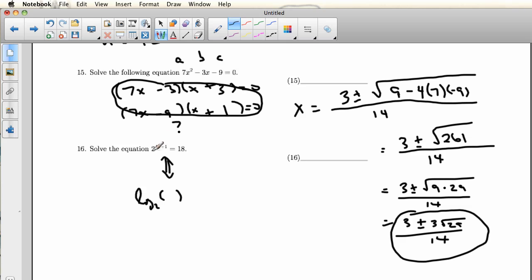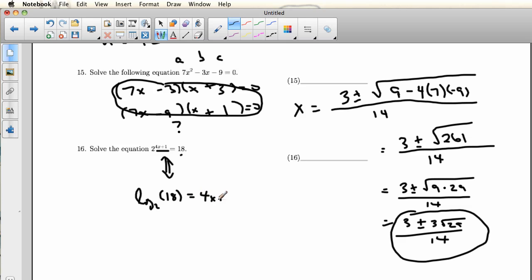So the inverse of an exponential equation in base 2 is a log equation in base 2. And the inputs and outputs will swap. So the 18 that was by itself is now inside the log, and the 4x plus 1 that was inside the exponent is now outside.